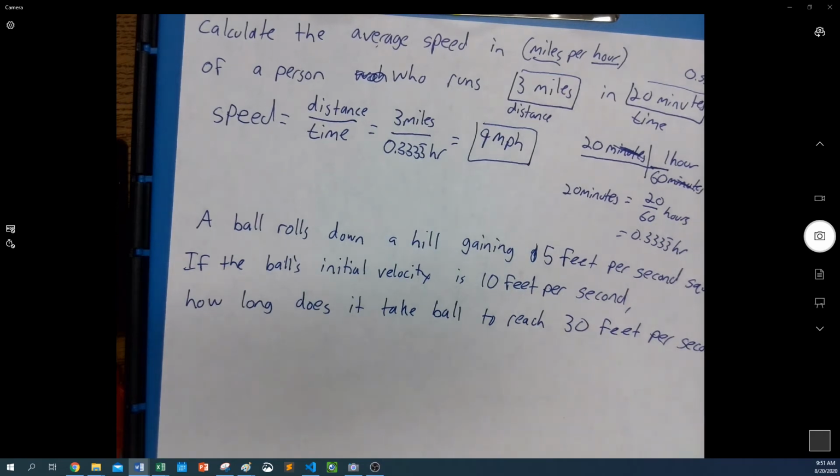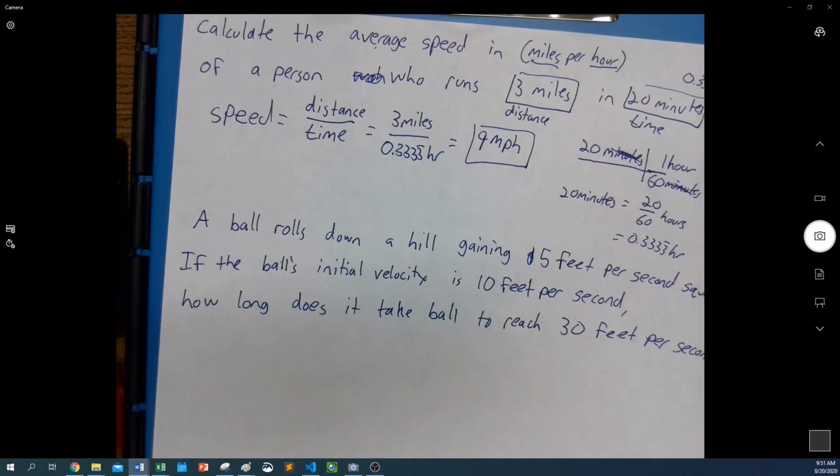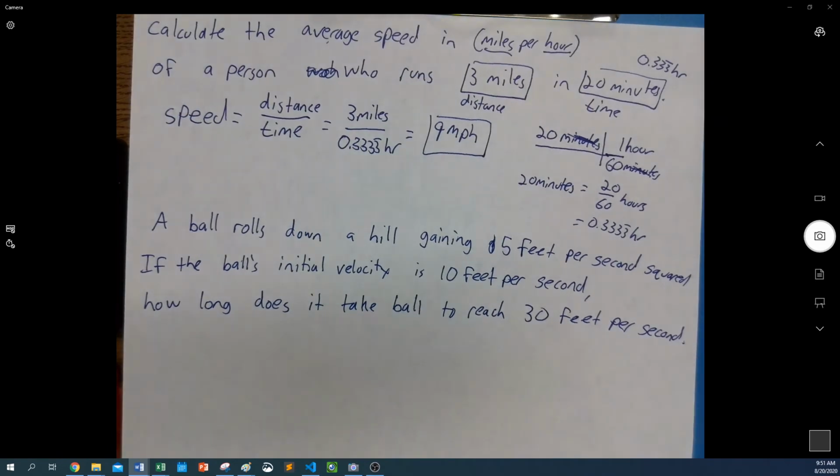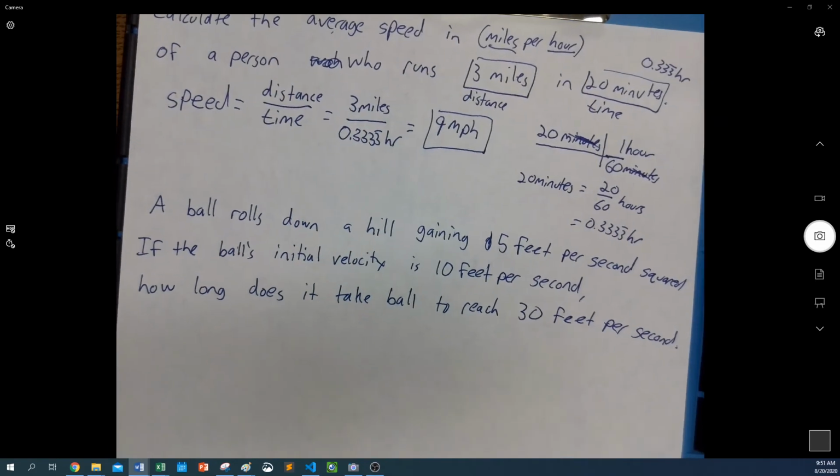So a ball rolls down a hill gaining 5 feet per second squared. If the ball's initial velocity is 10 feet per second, how long does it take the ball to reach 30 feet per second?